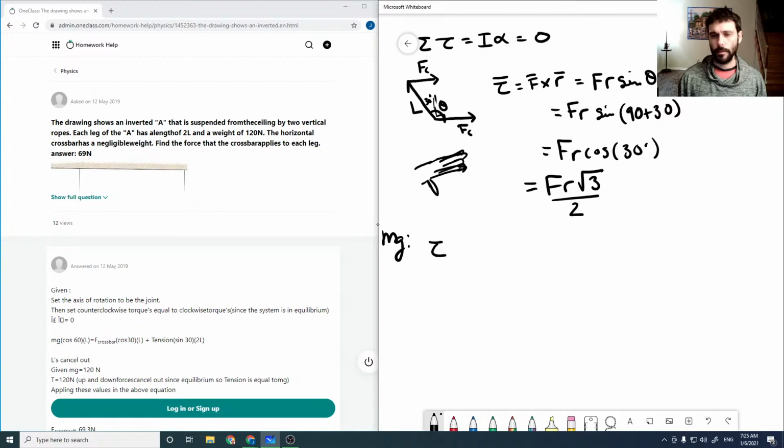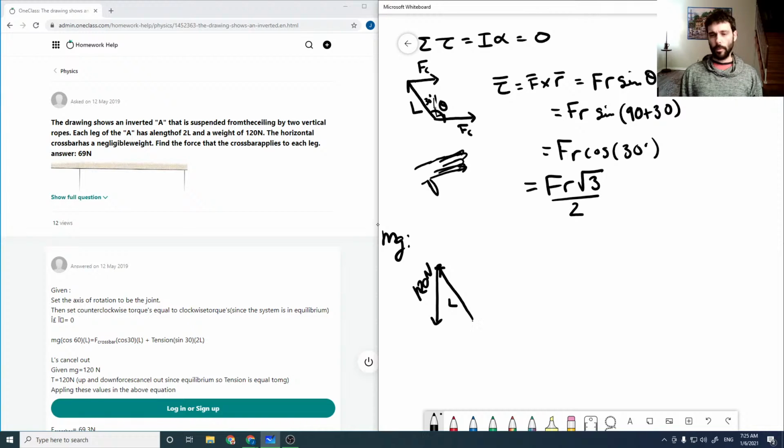I'm just going to redraw it again actually, so that the mg torque is going to be applied at L. So our R is L, and our mg is 120 newtons.